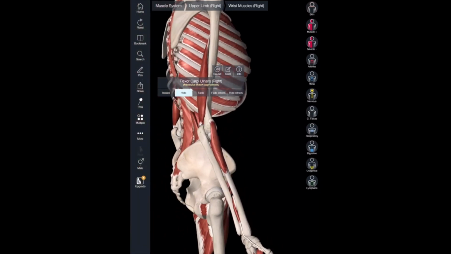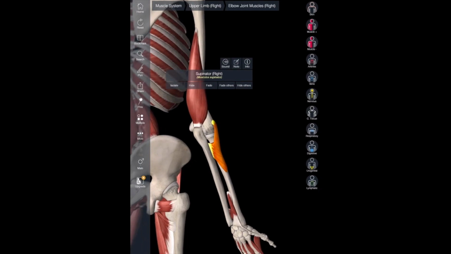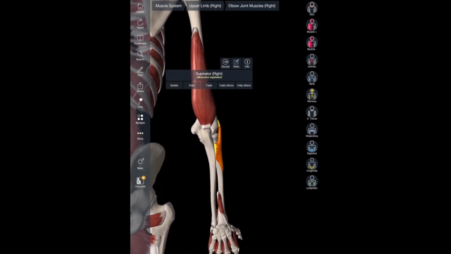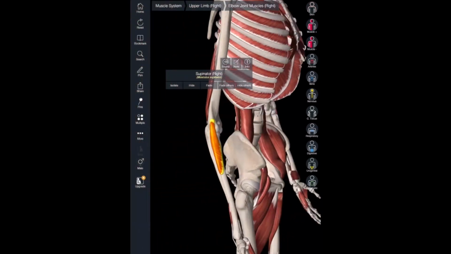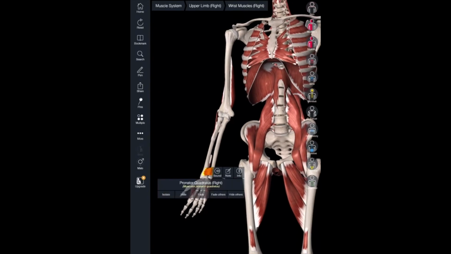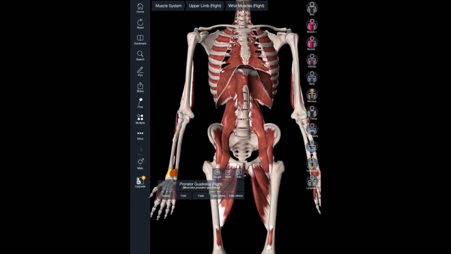No, that's supinator. Okay, well, you remember anconeus, right? Anconeus helps triceps brachii extend the elbow. But this is supinator. This is pronator quadratus. We already saw pronator teres. Okay, let's move on. What else?